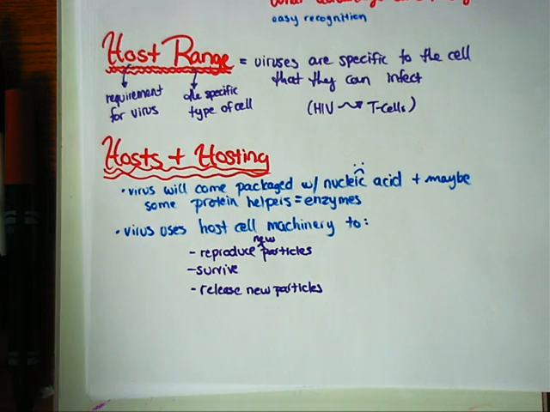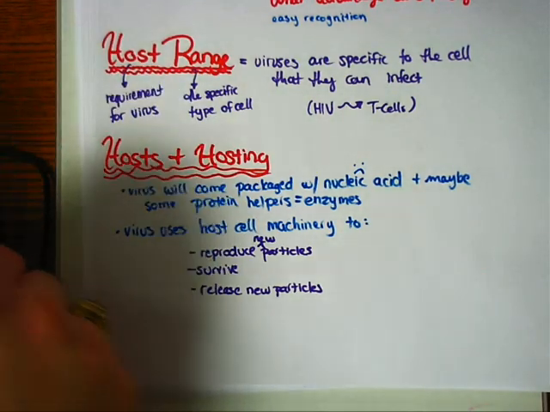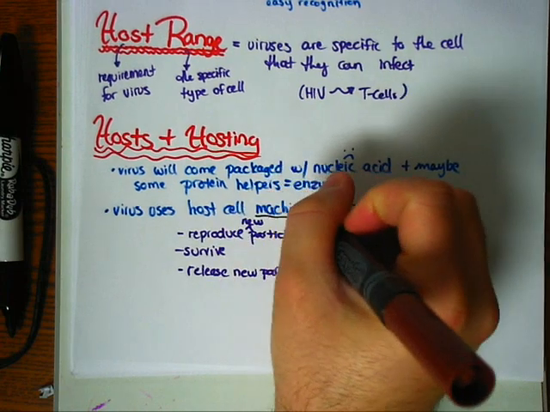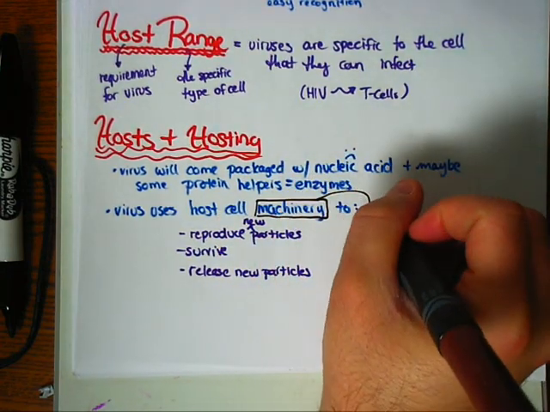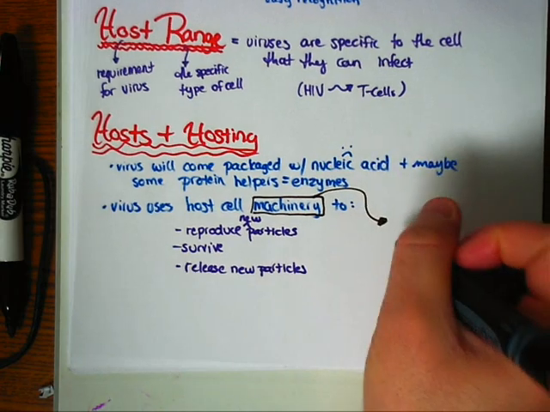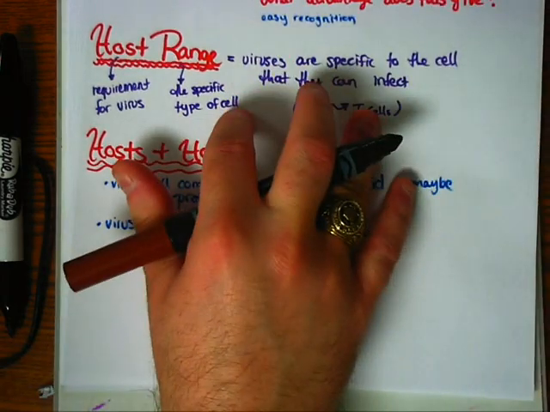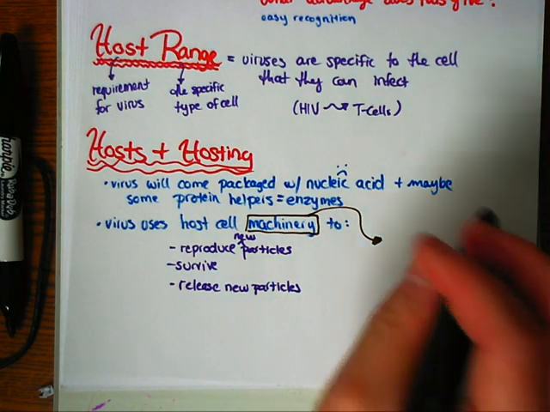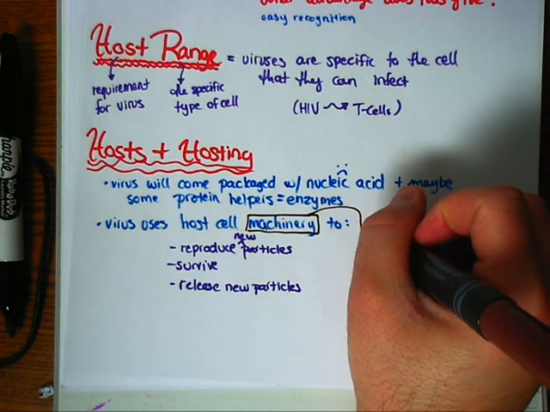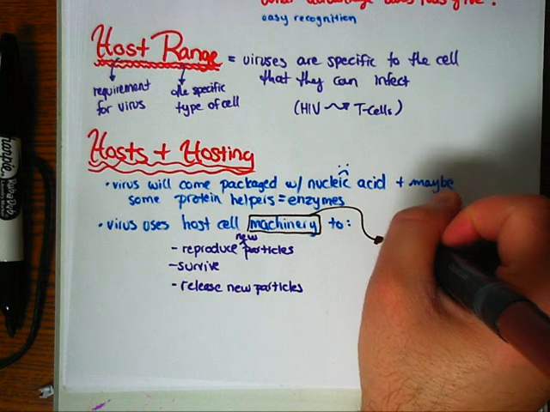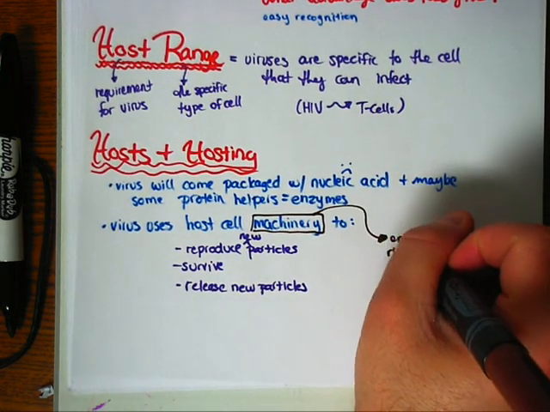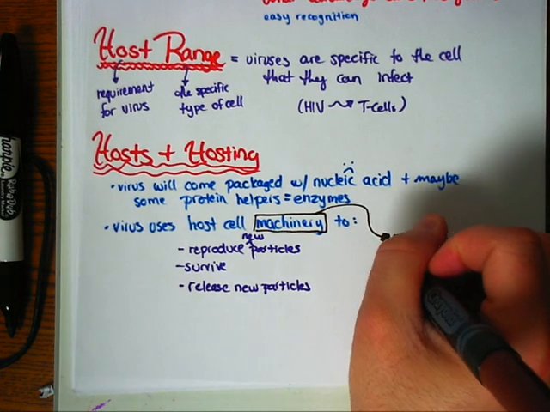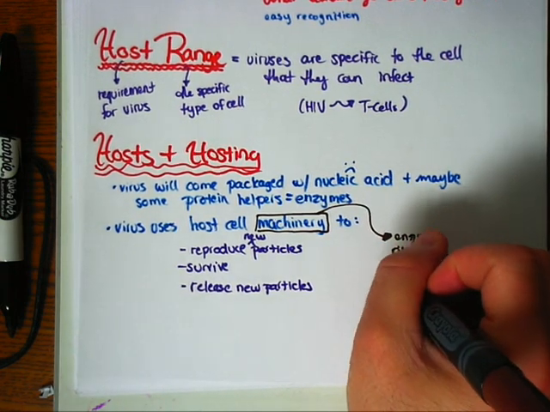It's just your response. Now, another question people might have is, what type of machinery are we talking about here? What does the host cell have to provide? What are the requirements to host a virus? Basically, it's any cell that has the normal machinery. As long as it fits in the host range, a host can host. Some of the things we're going to be using are the host cell's enzymes, ribosomes, their tRNA, their amino acids.